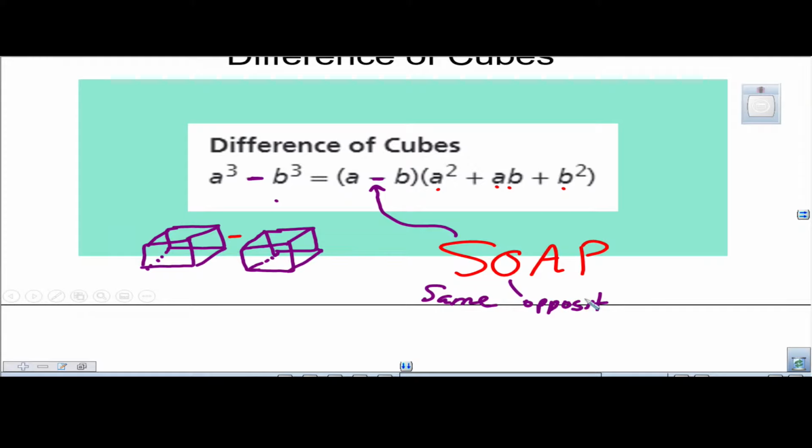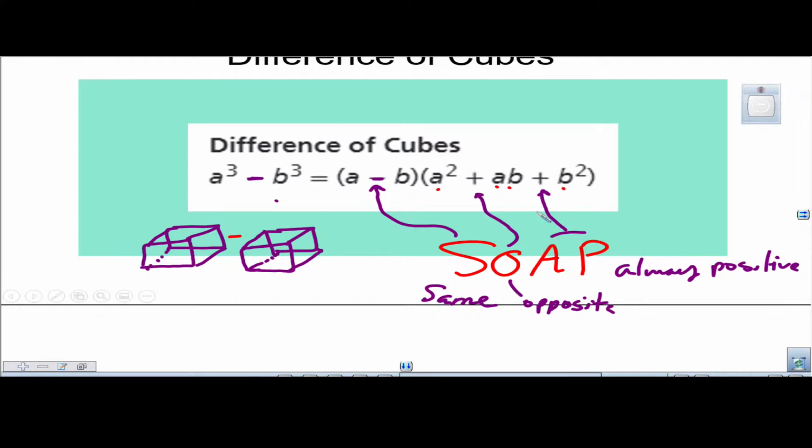That's positive, and I see that here. Look, that's positive sign. And then AP is always positive. AP stands for always positive. So this sign is going to be always positive.